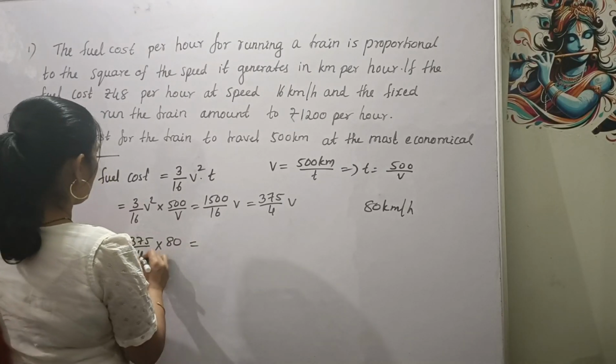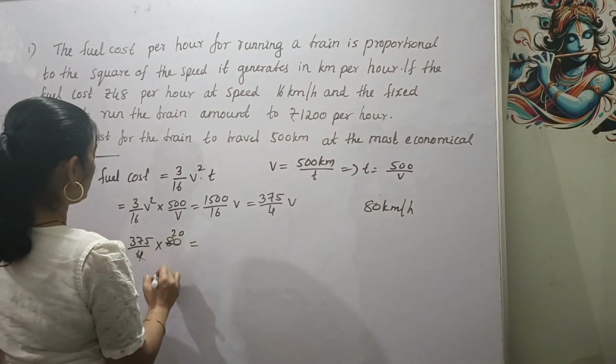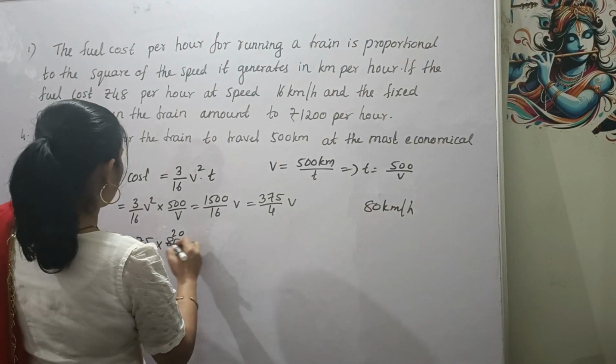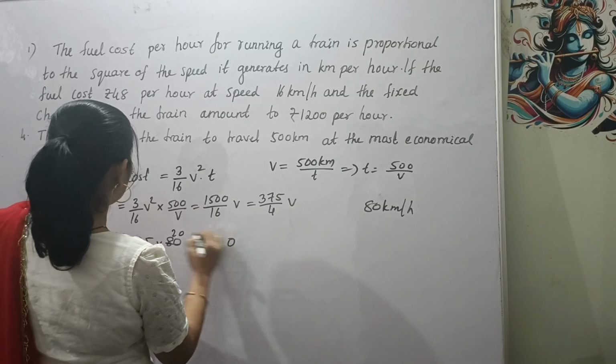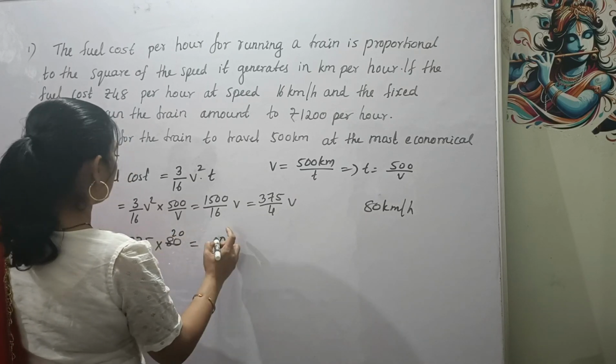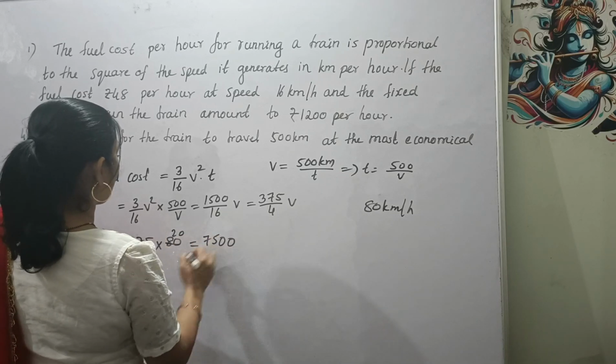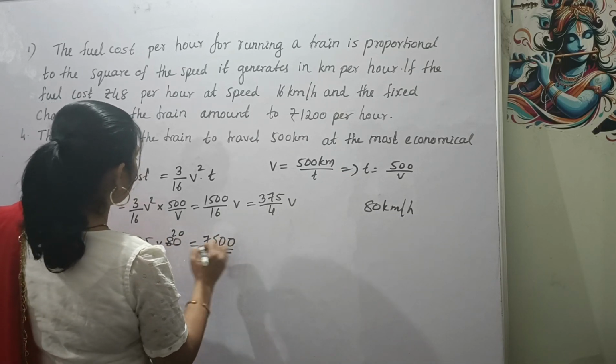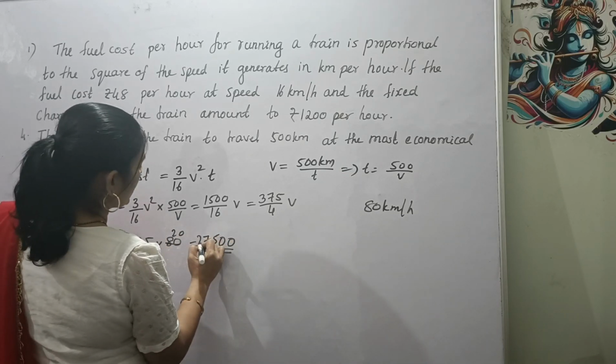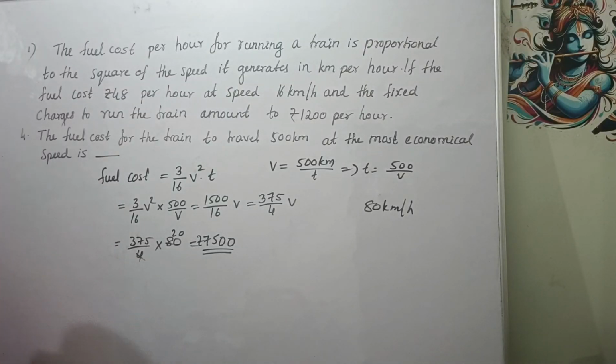That is equal to 20. Okay. So, here it will be 0, 10, 15, 7,500 fuel cost, that is rupees. Okay, rupees 7,500 is the fuel cost.